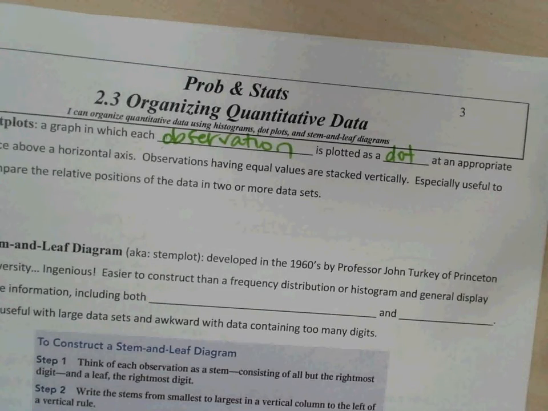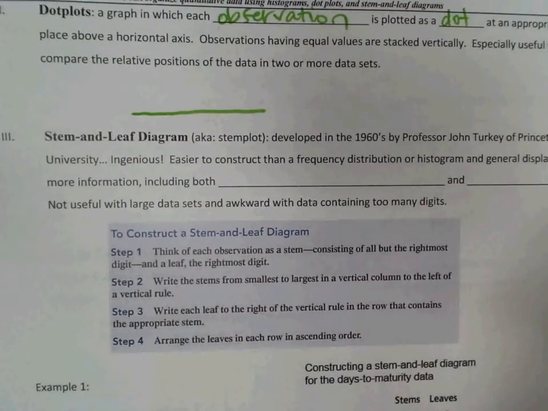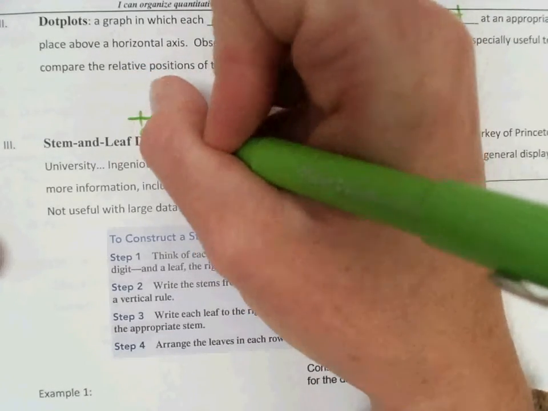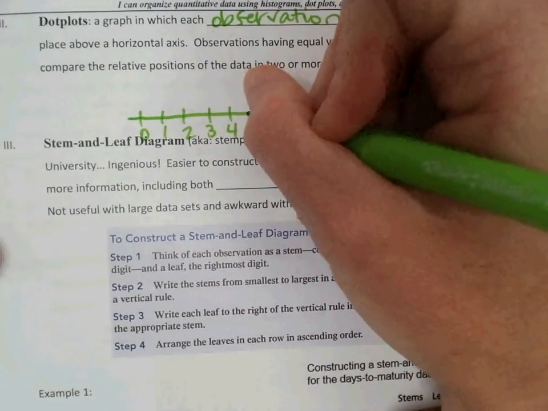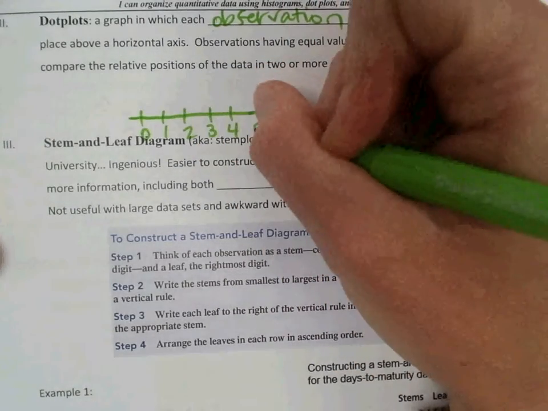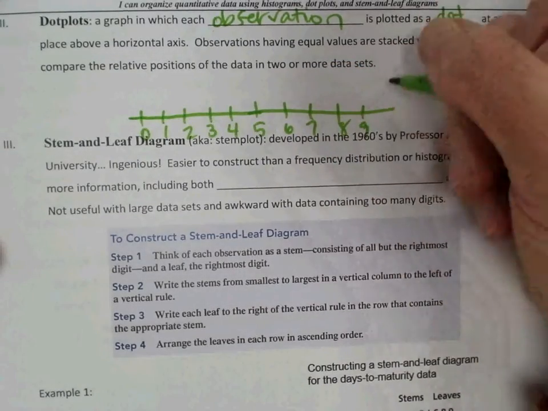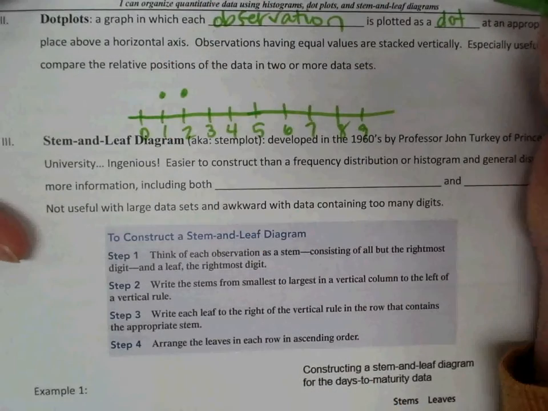Is this a graph? It's a display of data, so we call it a dot plot. A dot plot is just that horizontal axis where, for example, if we're talking about the number of TVs in households, let's do this one more time. Nobody had 0, 1 person had 1, I have 2.